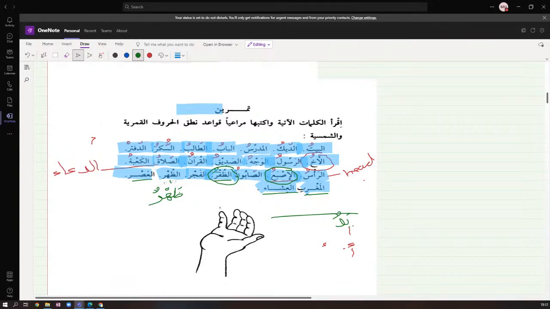And then the word for the palm of your hand we call rahatun, ra, alif, ha, ta marbuta. Just making it a bit clearer. Rahatun.